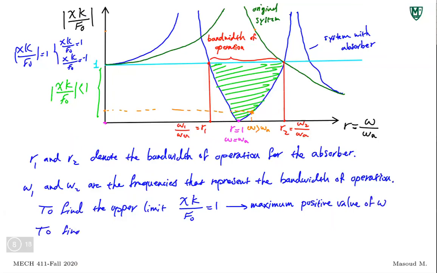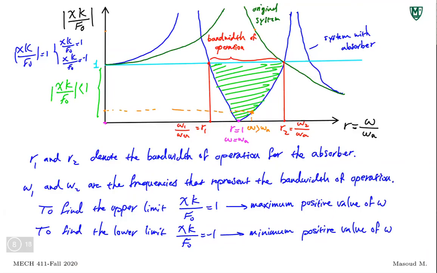To find the lower limit, you put xk over f naught equal to minus 1, and your frequency would be the minimum positive value of omega. What do I mean?